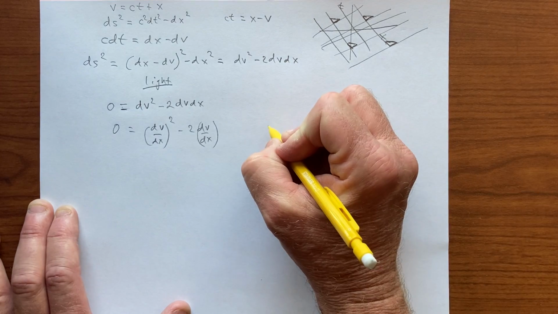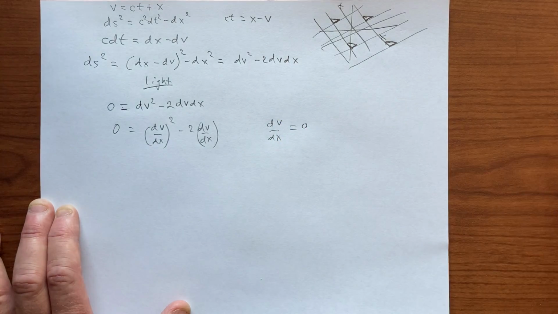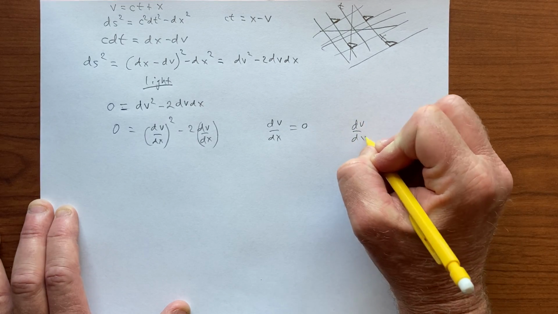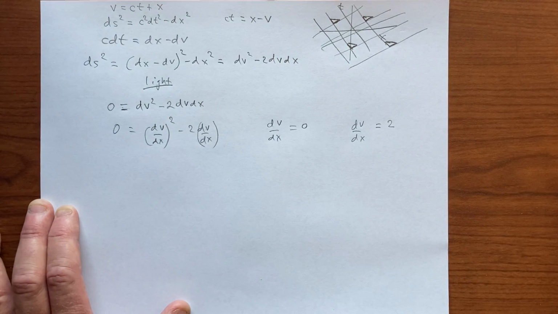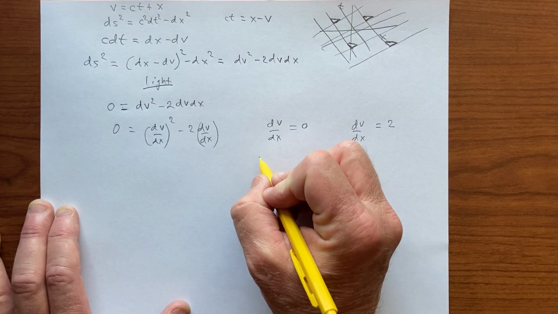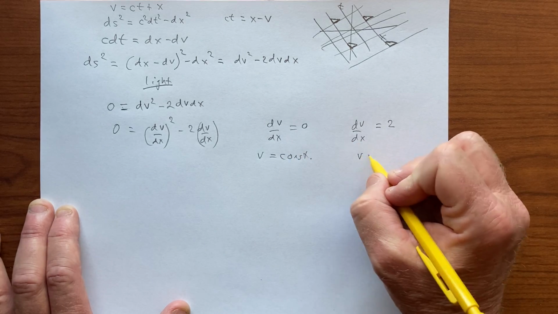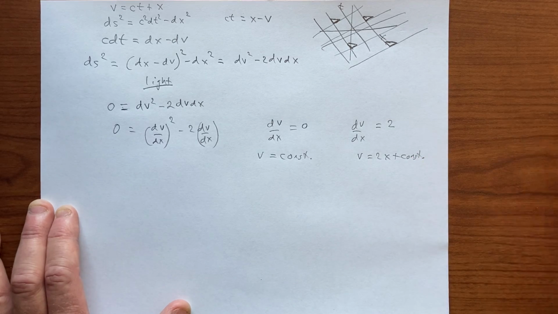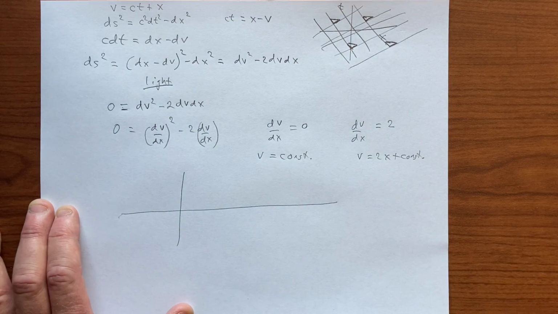And so the solutions here are either dv by dx itself is equal to 0, or we have dv by dx is equal to 2, right? So the solution to this is v equals constant, and the solution to this is v equals 2x plus some constant.